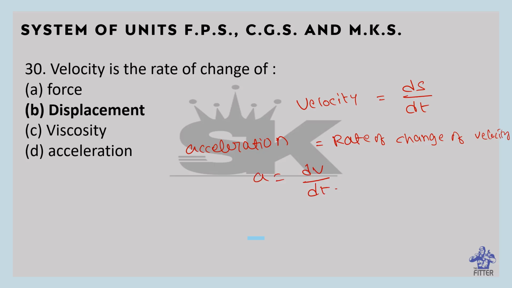If we want to convert this into displacement format, we can write it as d by dt into ds by dt. We're converting v in the form of displacement. So here d square s by dt square.